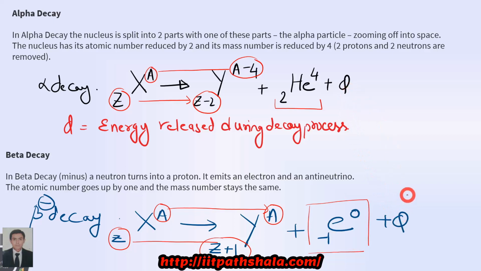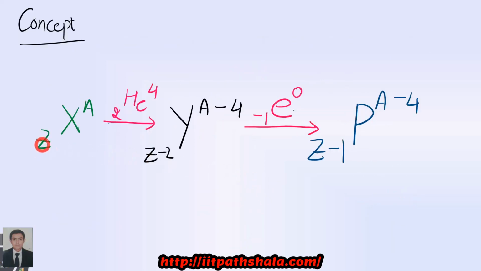Both processes have some energy released during the process. Now, using this information in my question, X Z A is my nucleus. First my nucleus goes under alpha decay, so my atomic number is reduced by 2 and my mass number is reduced by 4.